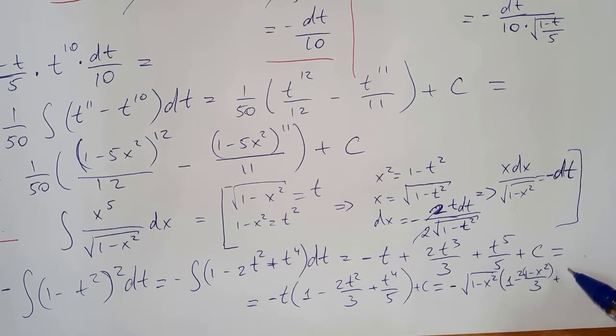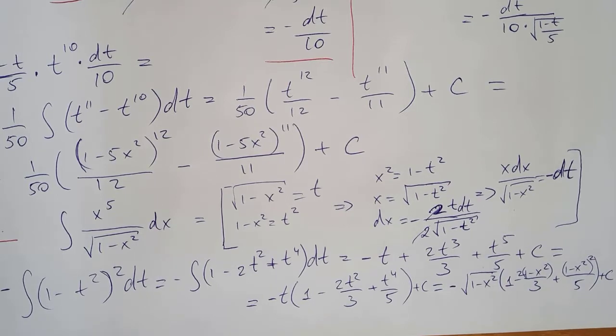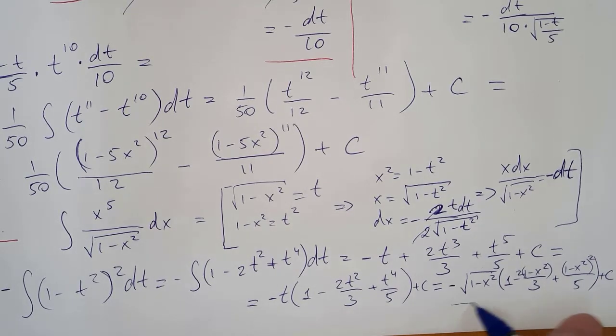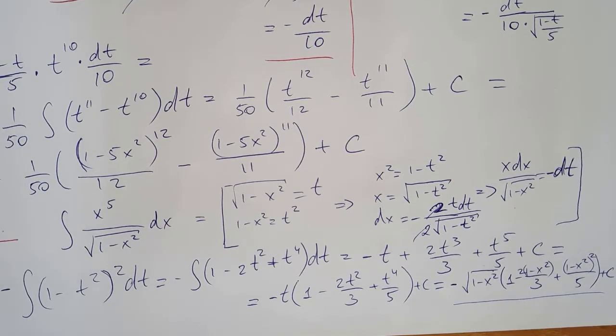If it is the fourth degree, it will be just (1 minus x squared) squared over 5, and plus c. So this is the final answer, but you can again simplify this expression and write your answer.